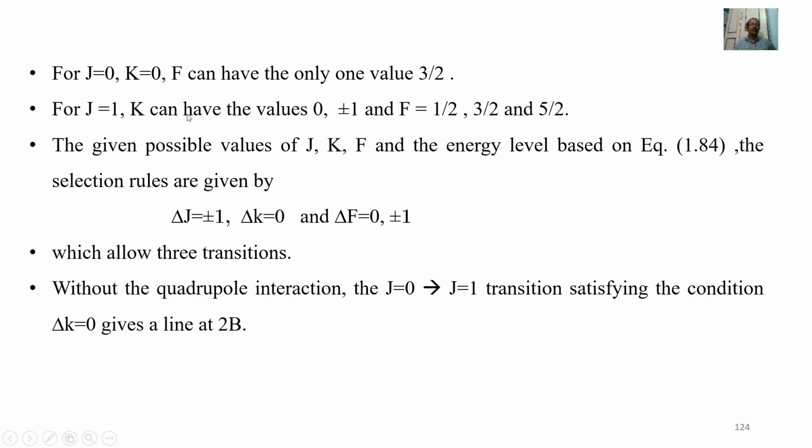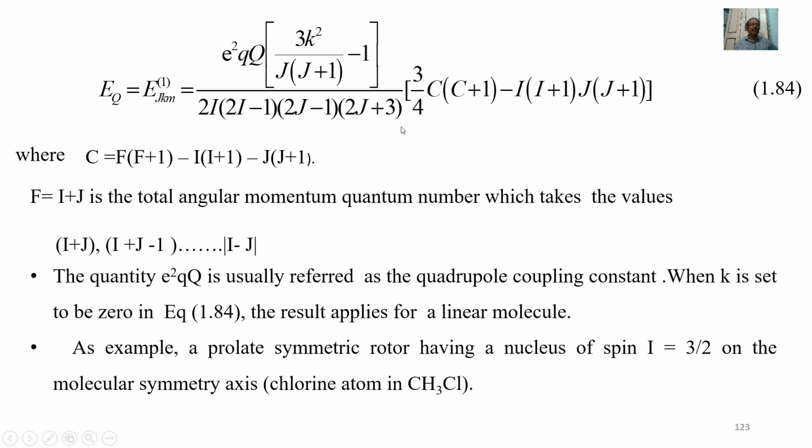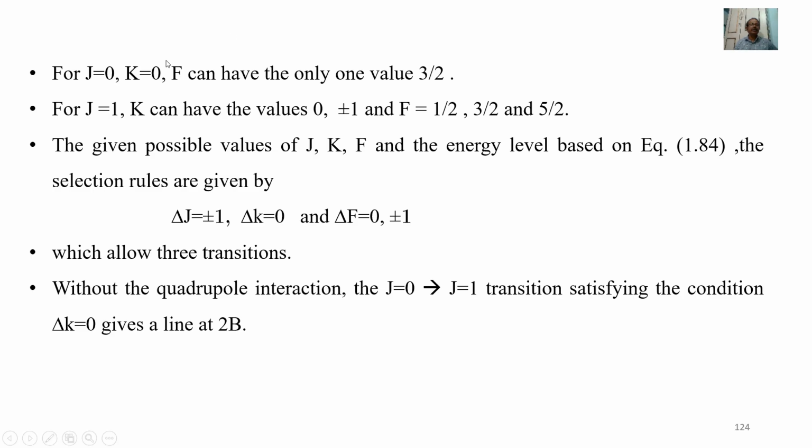For J equals 1, K can have the values 0, plus or minus 1, and F will have 1 by 2, 3 by 2, 5 by 2. As we know, F equals I plus J. Accordingly, we can obtain the F values here.